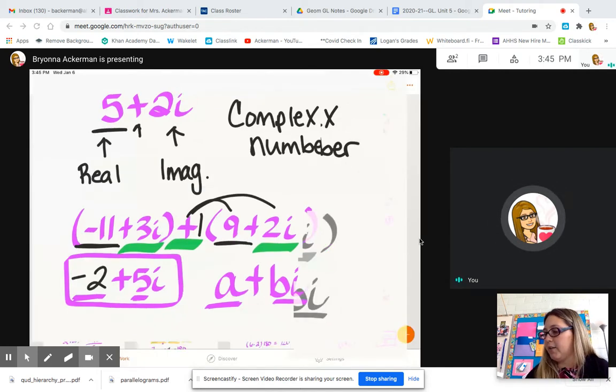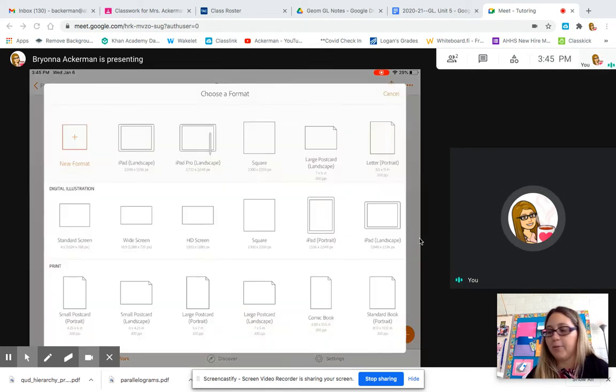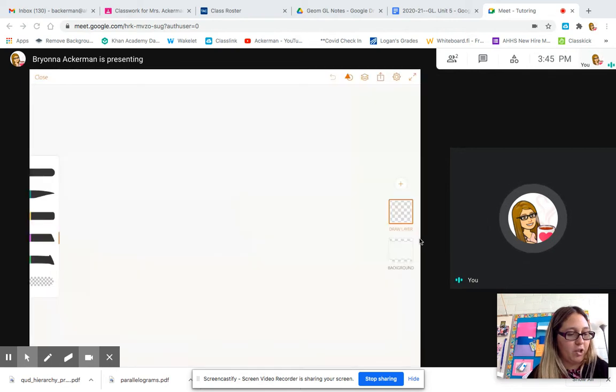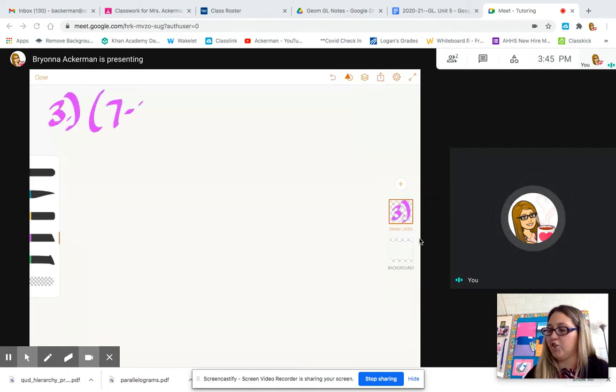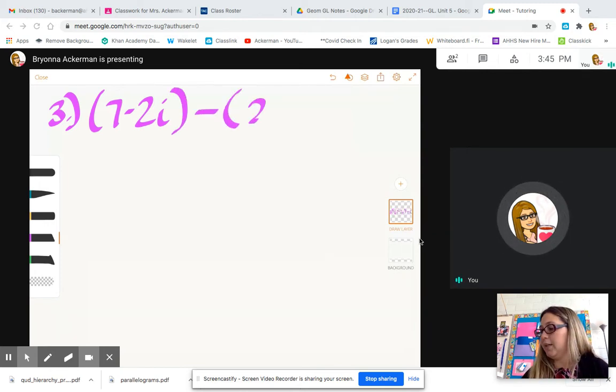Subtraction is a little different. With subtraction, we do have to distribute that negative, and so it will change on us. So let's look at number 3. Number 3 says 7 minus 2i minus 2 plus 6i.